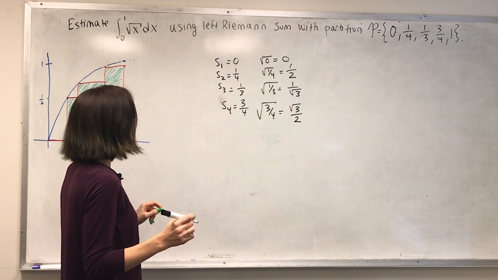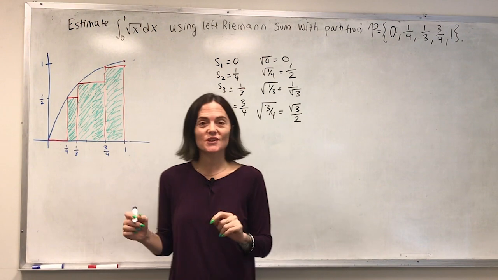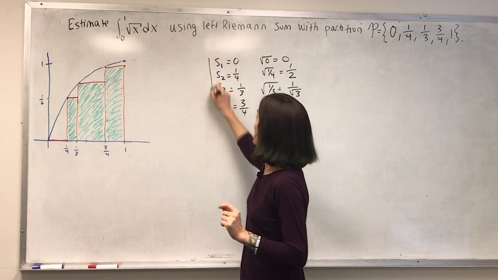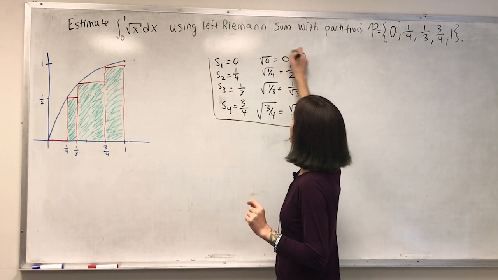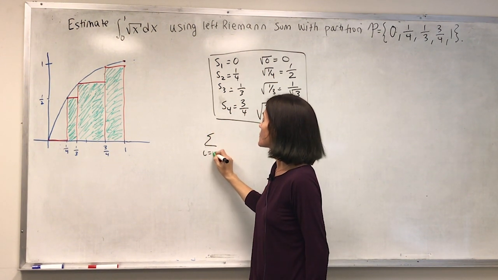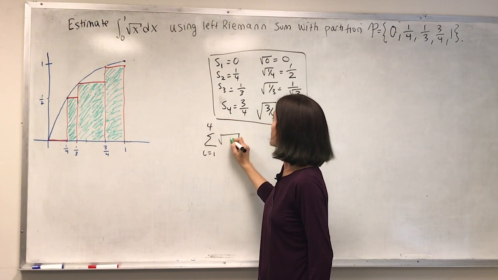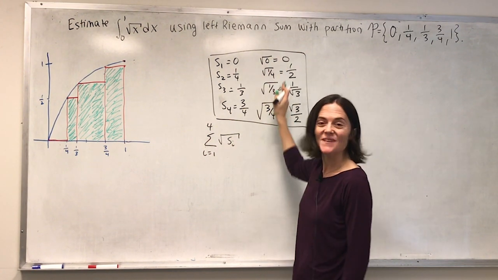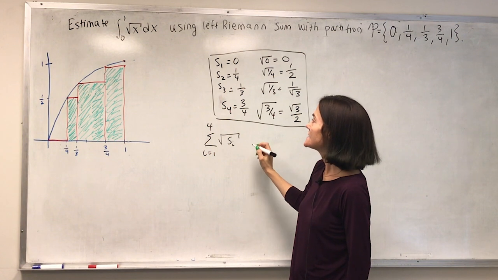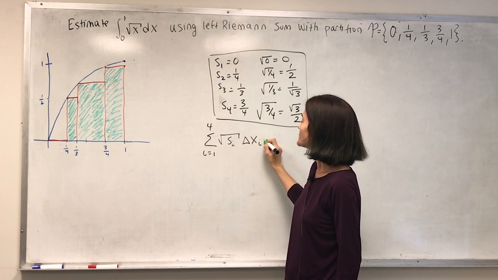Okay, so these are our function values, and now we need to calculate our sum. So I can put a box around all of this. What I need is the sum, i equals 1 to 4 of the square root of si. This we have calculated, and then times delta xi.